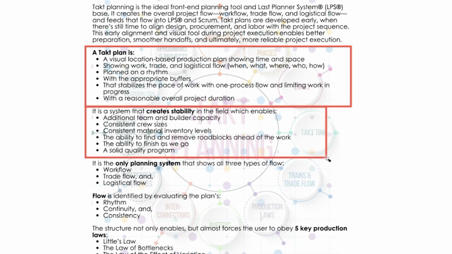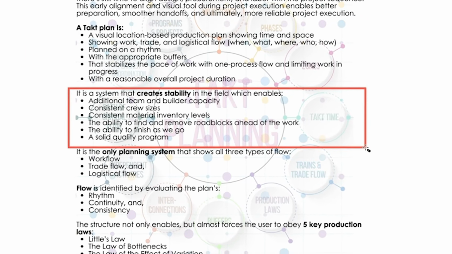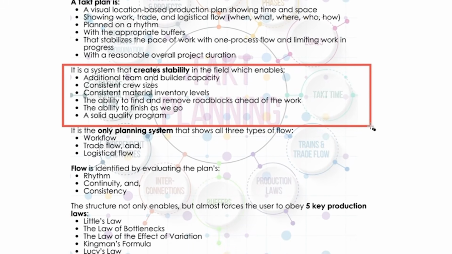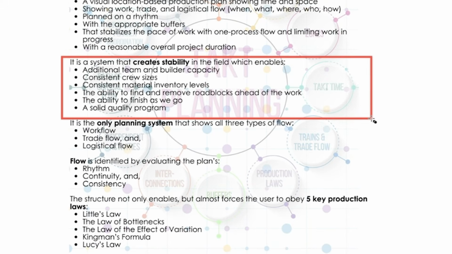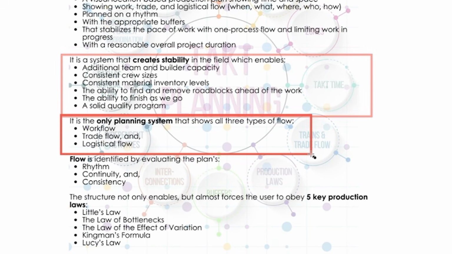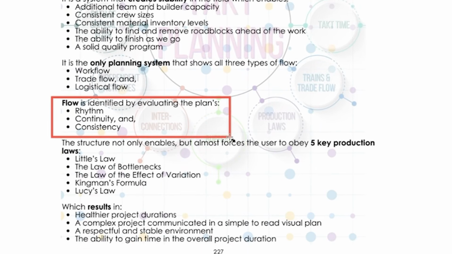It's a system that creates stability. Builder capacity, consistent crew sizes, consistent material inventory levels, the ability to find and remove roadblocks, the ability to finish as we go, a solid quality program, right? It's stable. And it's the only planning system that allows workflow, trade flow, and logistical flow, because flow is identified through rhythm, continuity, and consistency.